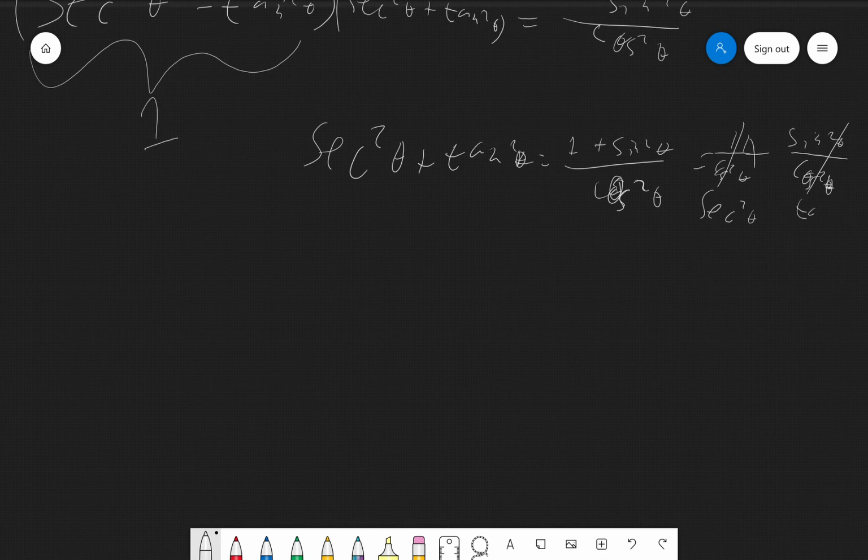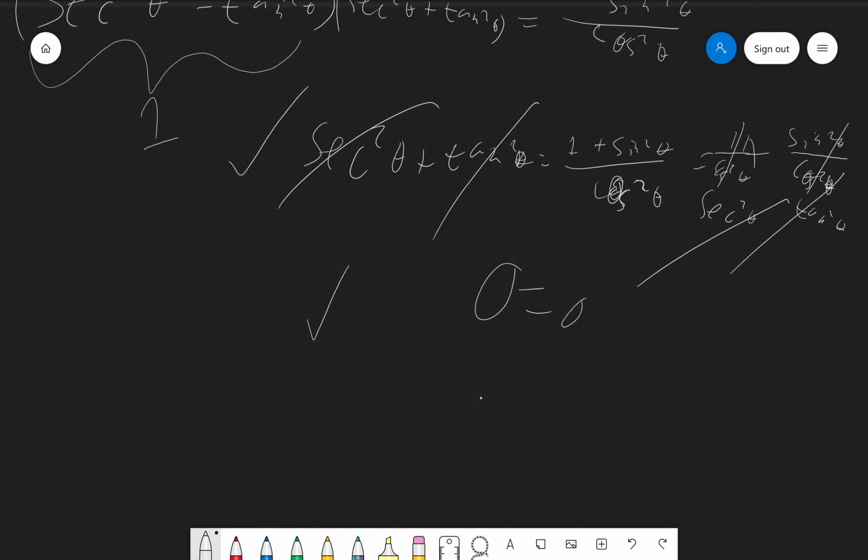This is tangent squared of theta. And we have the obvious thing: secant squared of theta plus tan squared of theta equals secant squared of theta plus tan squared of theta. Subtract them on both sides. Guess what? 0 equals 0. Yay. Now we can stop here. And we did it.